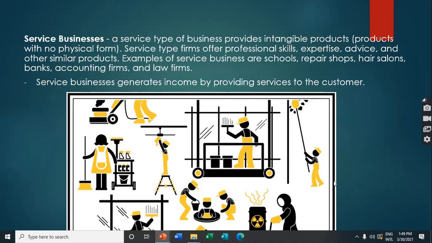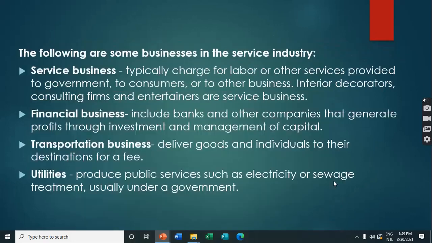If you see this picture, someone is cleaning, so that is considered a service business. Now, the following are some businesses in the service industry. Number 1 is service business. They typically charge for labor or other services provided to government, to customers, and to other businesses. These are interior decorators, consulting firms, law firms, and accounting firms.